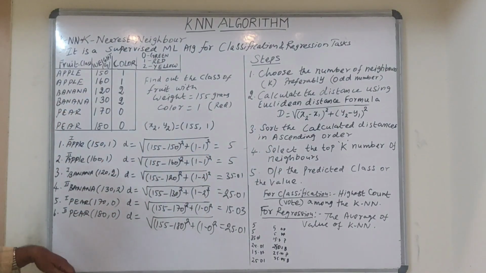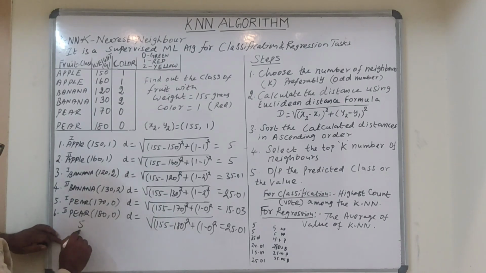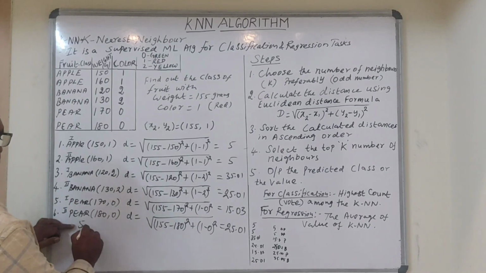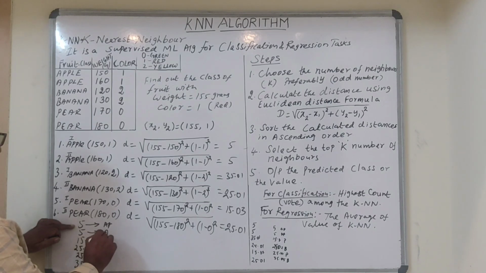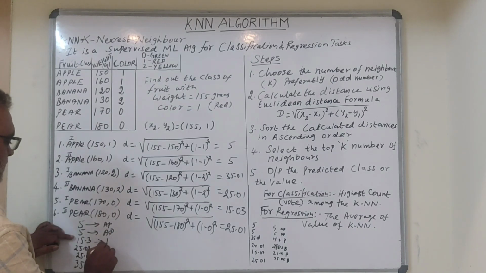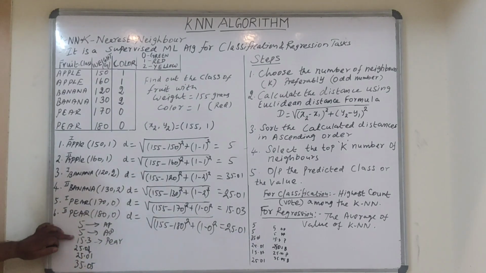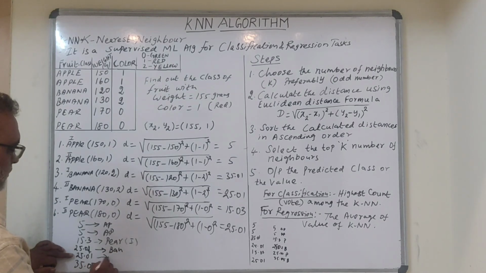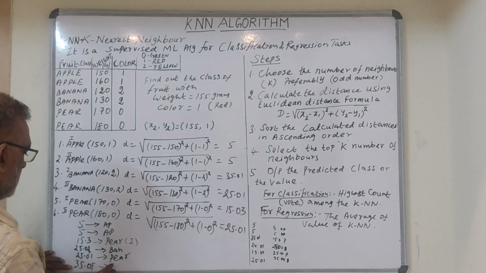If you sort these values, it will be in the order 5, then 5, then 15.03, then 25.01, then again 25.01, then finally 35.01. Actually, the 5s represent apples, this 15.03 represents the first pear, this 25.01 is a banana, and another 25.01 is a pear. And then 35.01 is another banana.